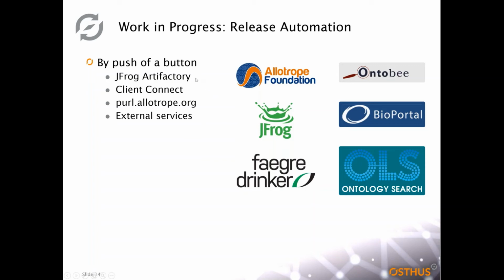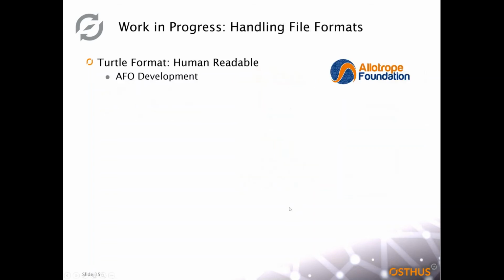We want to publish zip files to the JFrog and to Client Connect. We want to publish our ontology suite to our own server. And we also want to publish to external services to raise the visibility of the AFO. And at the moment, we're looking at Ontobee, BioPortal, and OLS.